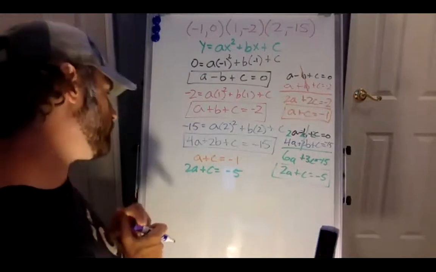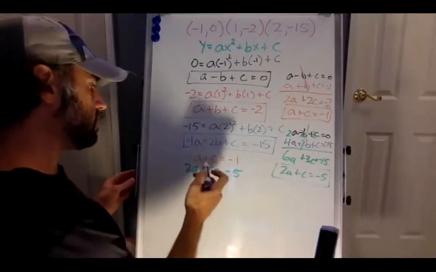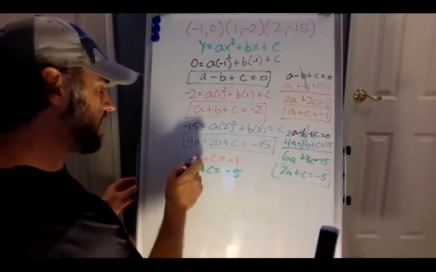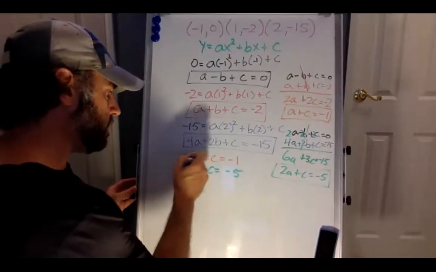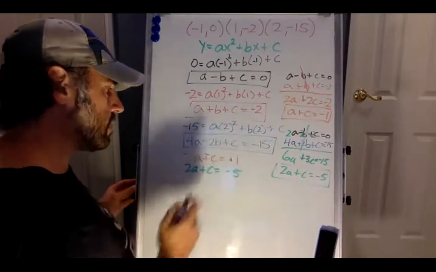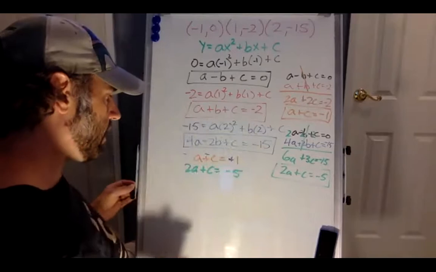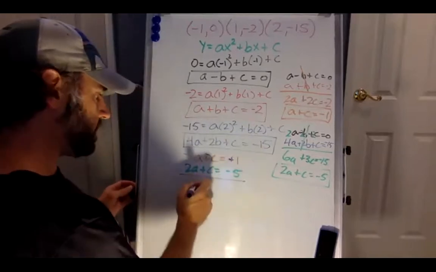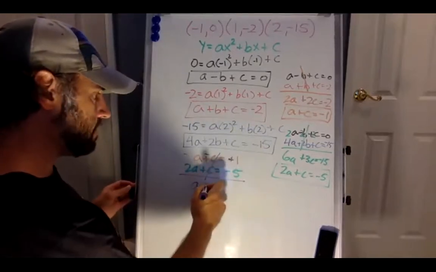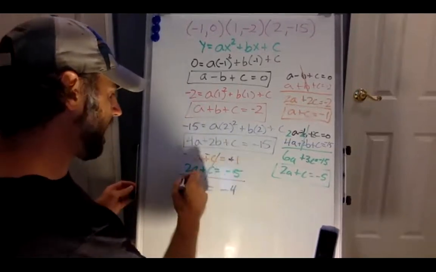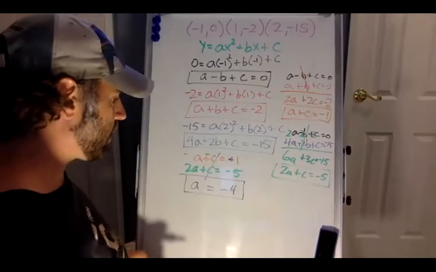I'm going to multiply by a -1 here. That's +1 now. Then I'm going to add them. I'm going to get A. Hey, we got A. 1 plus 1 minus 5 is -4. I now have A.